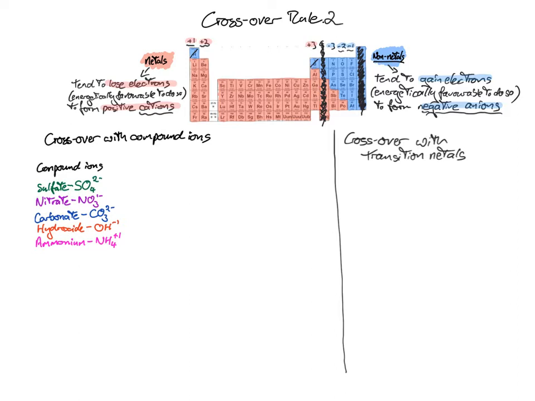We are going to look in this video at using things called compound ions. Okay, what are the compound ions? Well, there are 5 compound ions: 1, 2, 3, 4, 5, because there are 4 anionic compound ions and 1 cationic compound ion.